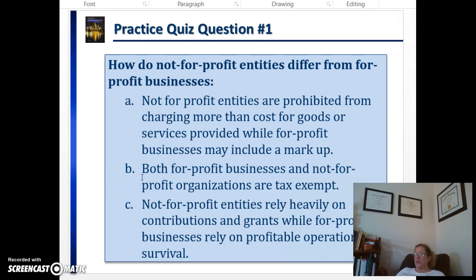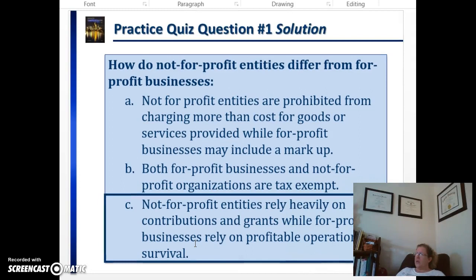Only not-for-profit organizations are tax exempt. And so C, not-for-profit entities rely heavily on contributions and grants, while for-profit businesses rely on profitable operations for survival. I'm going to go with C. And yes, it is C.